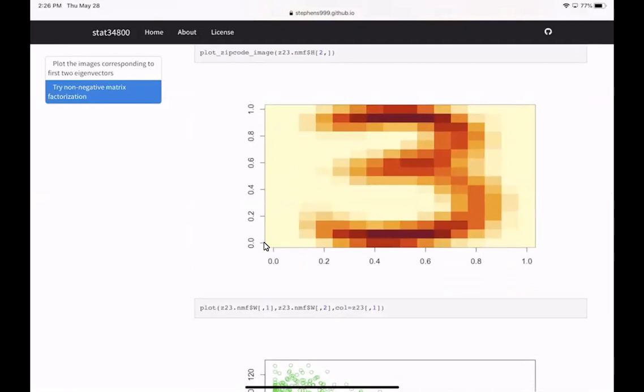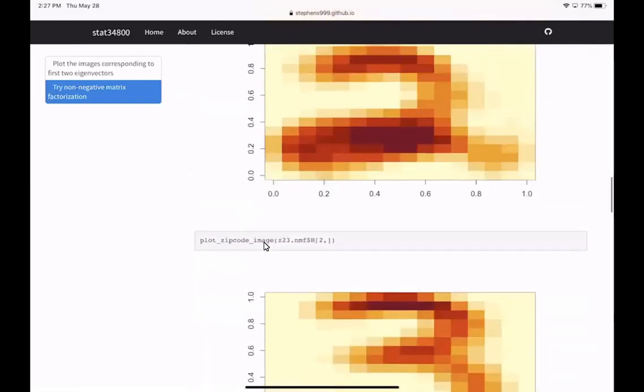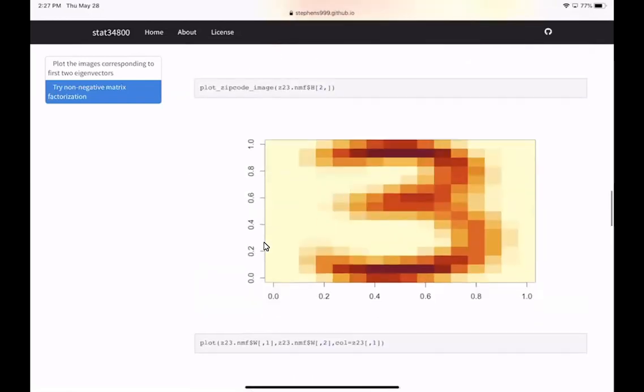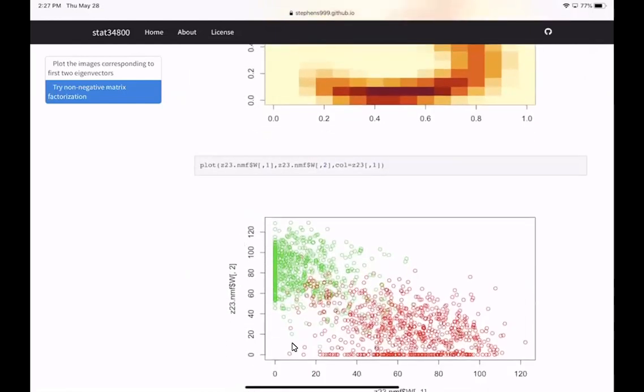So what you'd hope is that the images that are 2s would just get represented by a loading on the 2 and nothing on the 3 and vice versa. But of course, because the data are messy, there are some 2s or 3s that look like a hybrid. They're better represented as a combination of these two images than by any one. And so that's this cloud of points here.